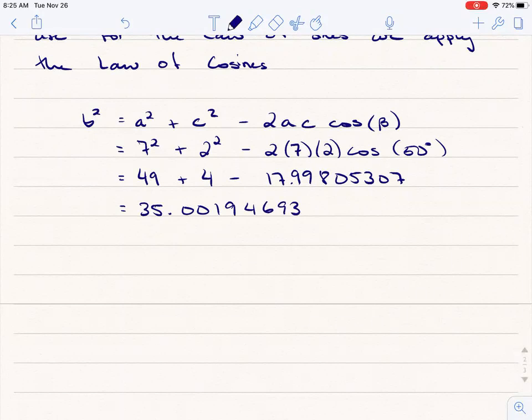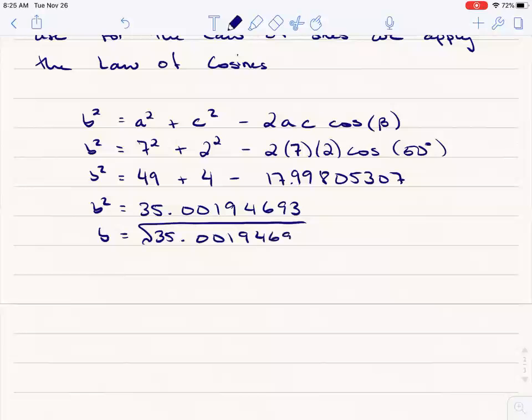Remember though, that this is b squared, right? So we have to take the square root of this to solve for b. B is the square root of all this, 35.00194693.